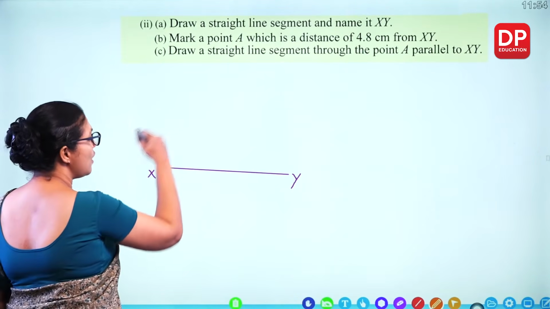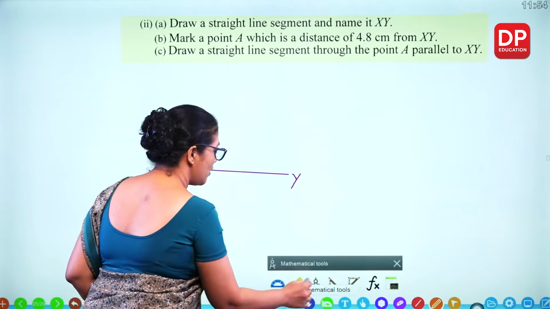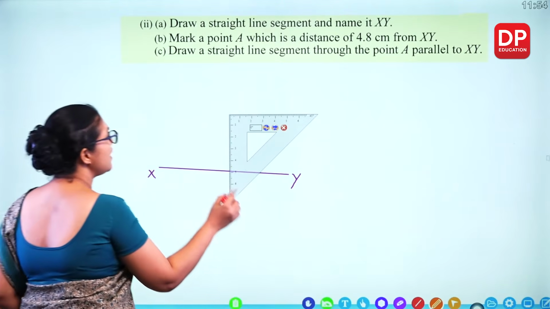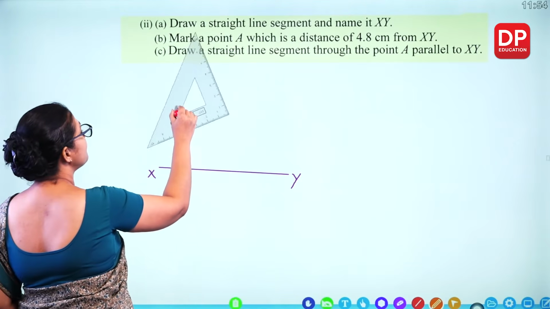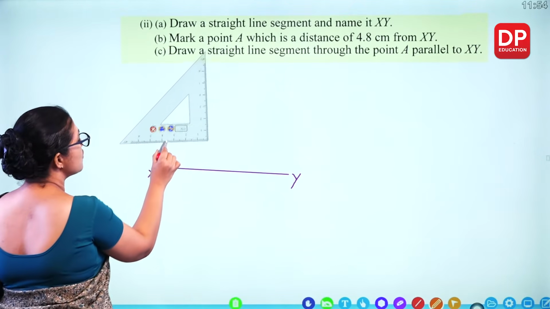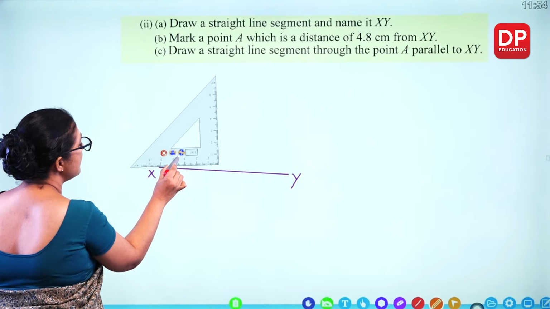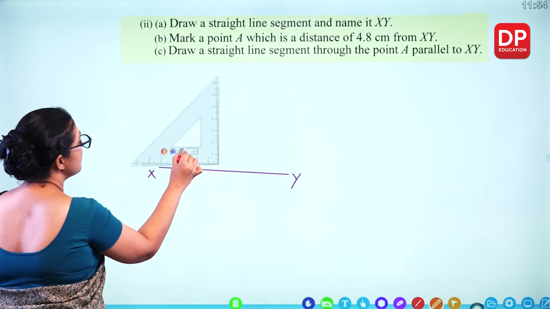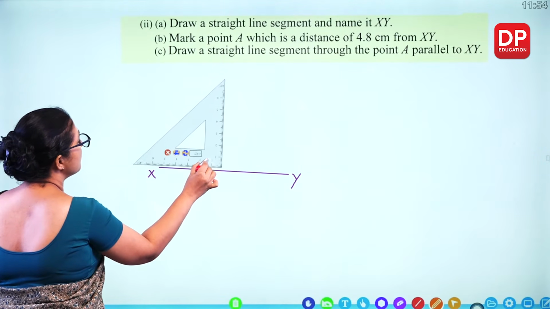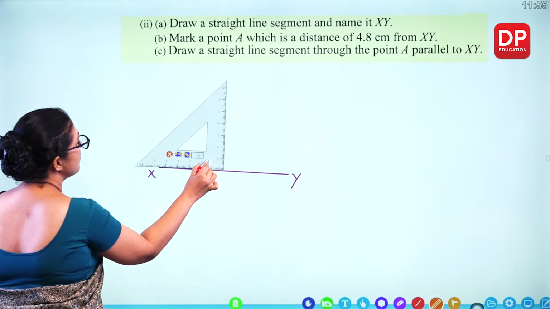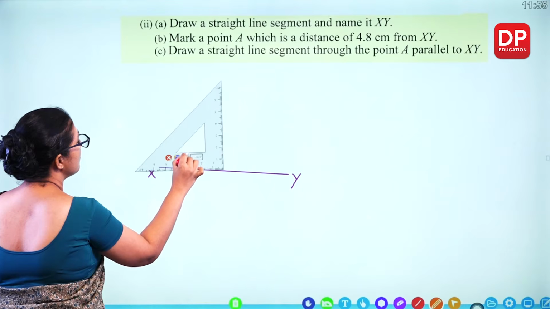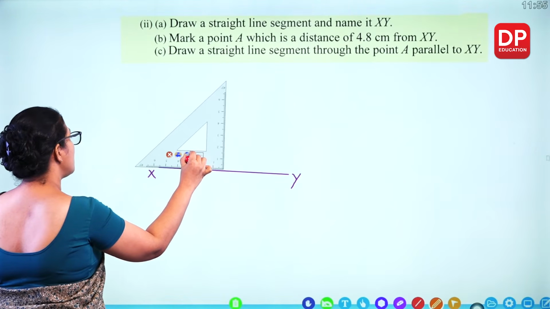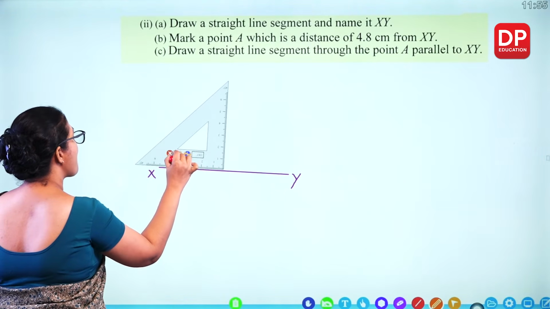So the perpendicular distance we need to take. So for that we can take the set square. So we'll keep the set square on top of the line. You need to keep it properly.